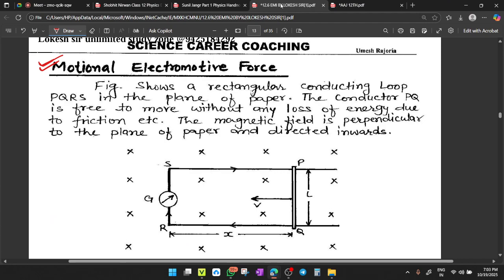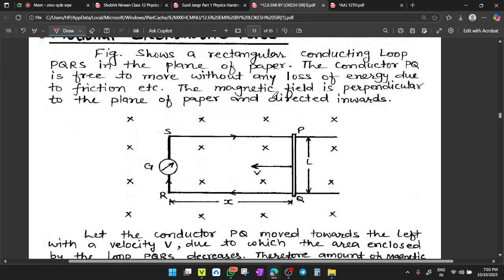The figure shows a rectangular conducting loop PQRS. So you have to take a rectangular loop PQRS, shaped like this, with a movable arm. This is the movable arm. You can slide this arm over this U-shaped conductor.